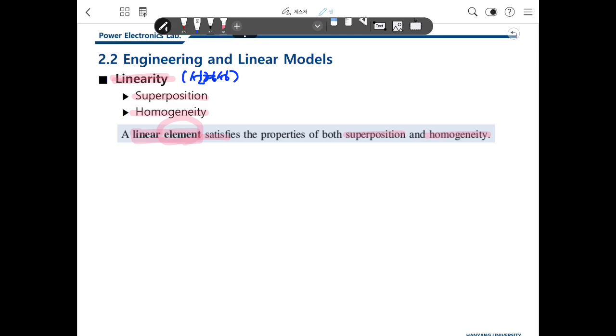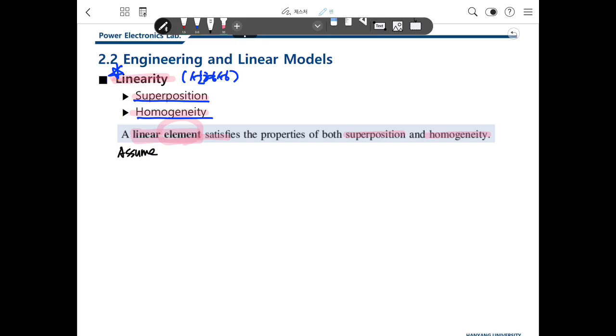This is very important. First, we need to talk about homogeneity and superposition. I want to tell you about the superposition first. Let's assume that we have some system.